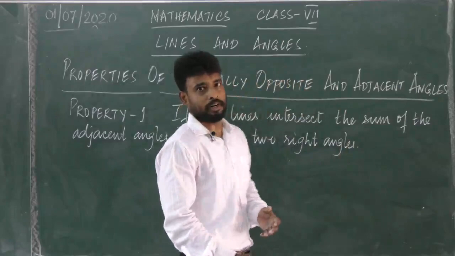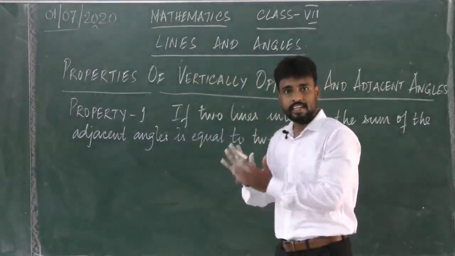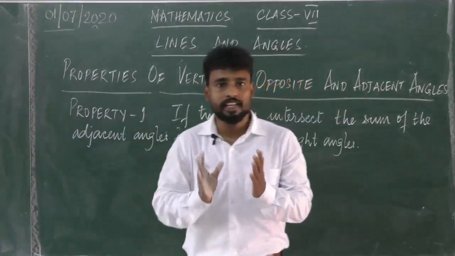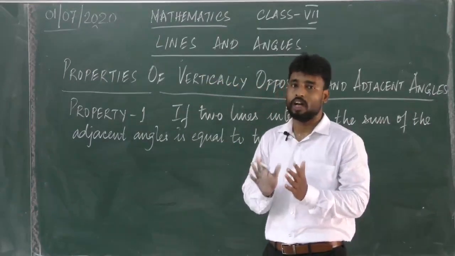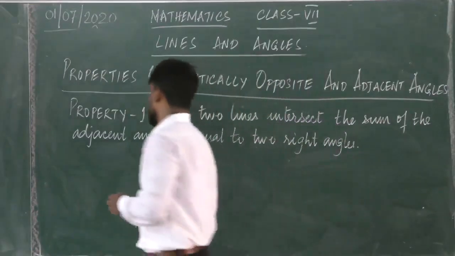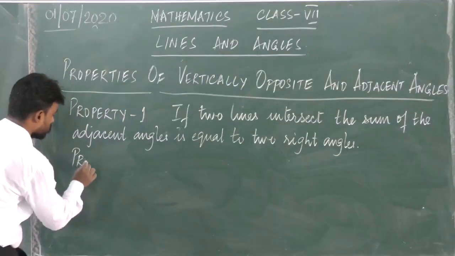Always remember, when two lines intersect, the sum of the adjacent angles is equal to two right angles, or it is equal to 180 degrees. Property number 2.